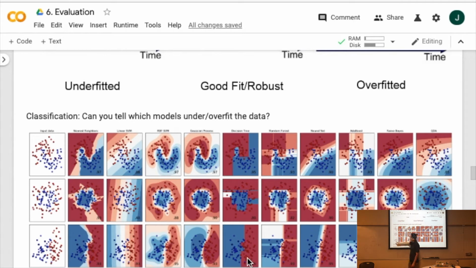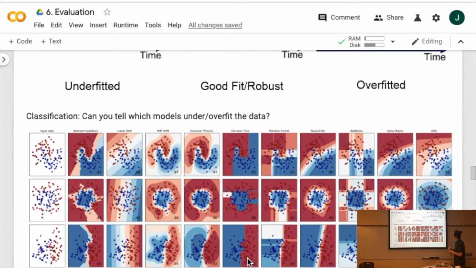It's a little hard to see the blue and red, but just take any one of these rows. So maybe take this row, and this is called moon data. So the red dots are here, and the blue dots are here, if you can't see that well. And then these are all these different kinds of classification algorithms and their decision boundaries. And can you tell which ones have maybe overfit the data and underfit it and done a good job of it from the pictures?